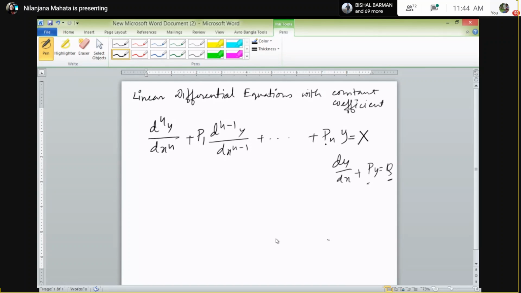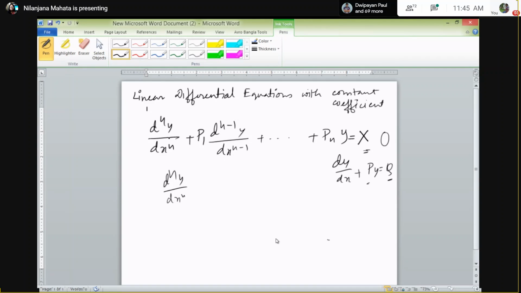That means our p1, p2, pn are not functions of x, but the right-hand side x can be a function of x, no problem. If this right side is 0, it is called a homogeneous equation. I think you have solved the second order linear differential homogeneous equation, with the right side 0, in class 12.